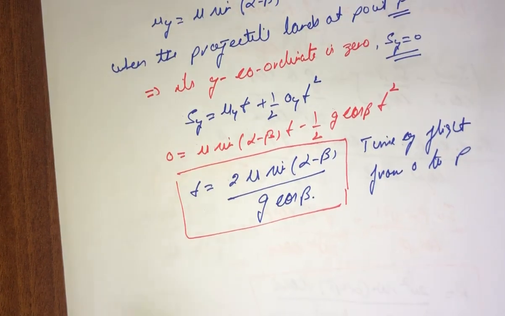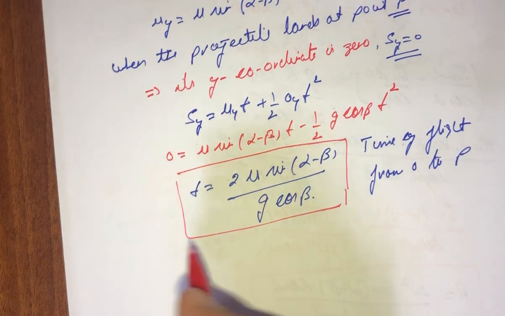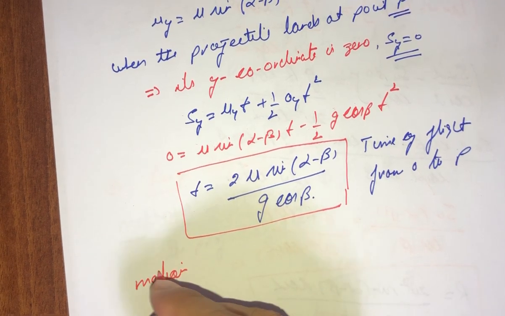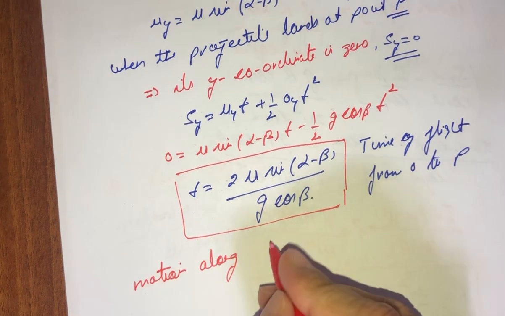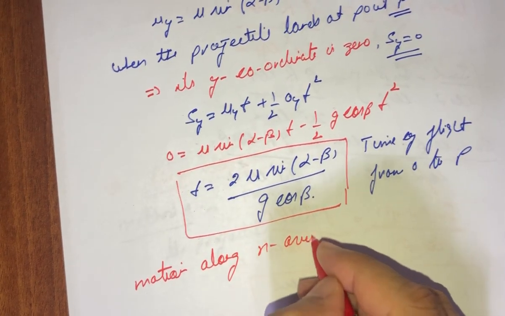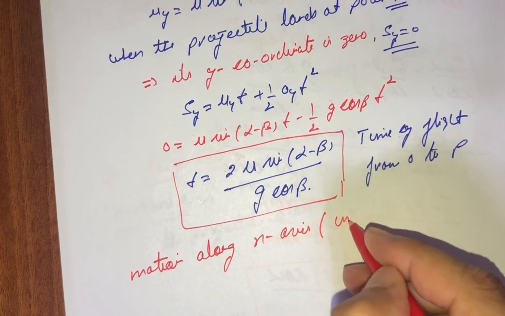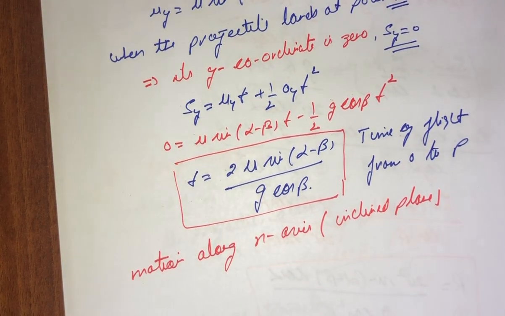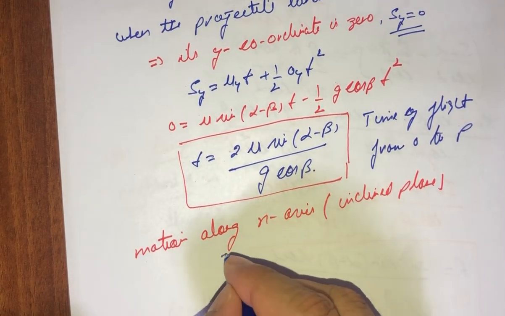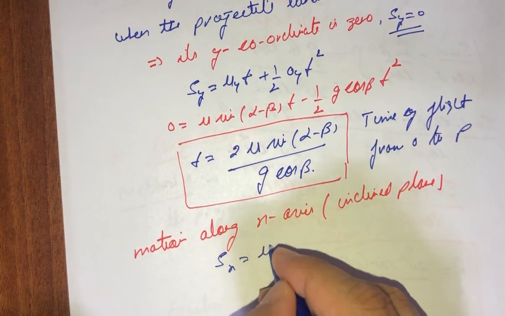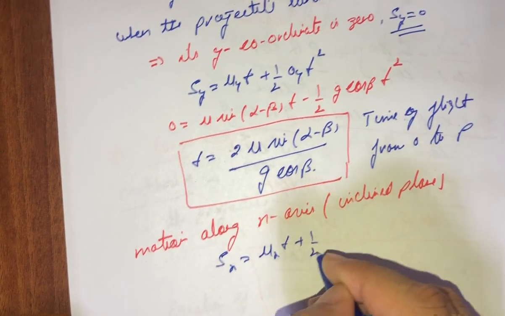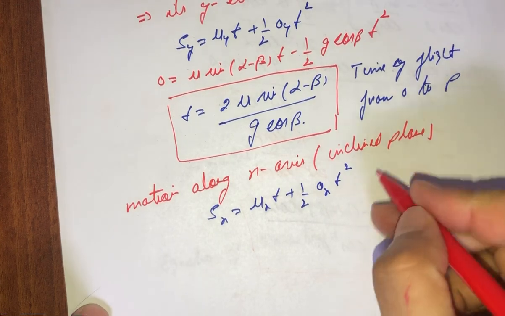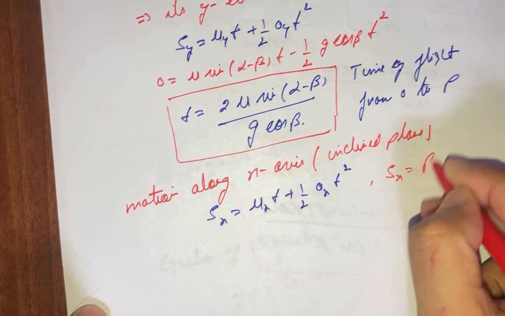Next, we find motion along the x-axis, that is, the inclined plane. The kinematics formula will be S of x is equal to ux t plus half ax t square, and in this case Sx will be equal to r.